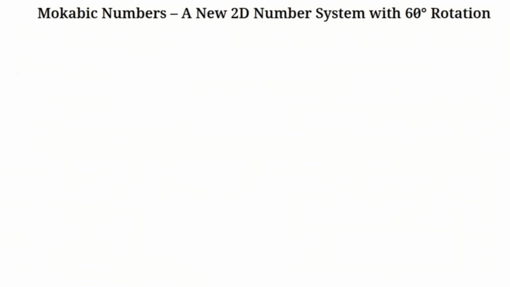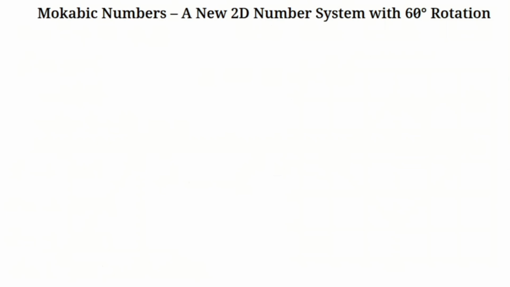Mokabic numbers, a new 2D number system with 60-degree rotation. Now that we understand quadranian numbers as a system with 90-degree rotation, let's take a leap into something original. The Mokabic number system. This is a new kind of 2D number system defined by a different rotation. Instead of rotating by 90 degrees, Mokabic numbers rotate by 60 degrees.